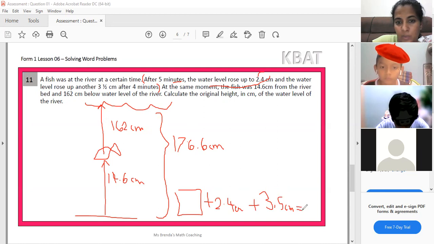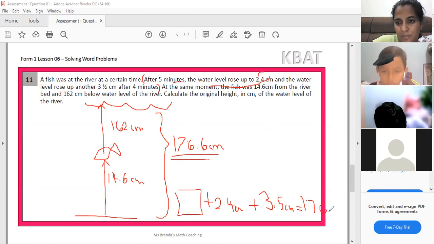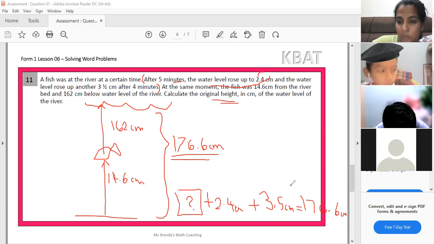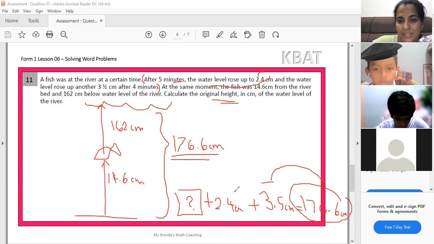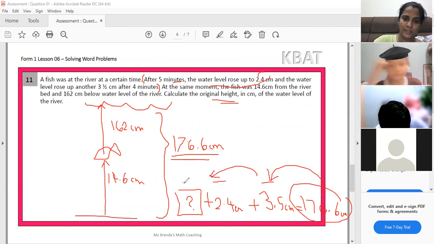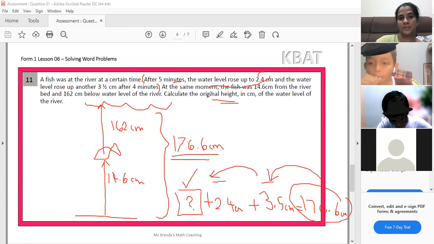And finally, the water level now is at 176.6 centimeters. So to find the original height of the water level, you take your 176.6 minus 3.5 minus 2.4. Do the reverse. Do you understand? And you will get back the original.